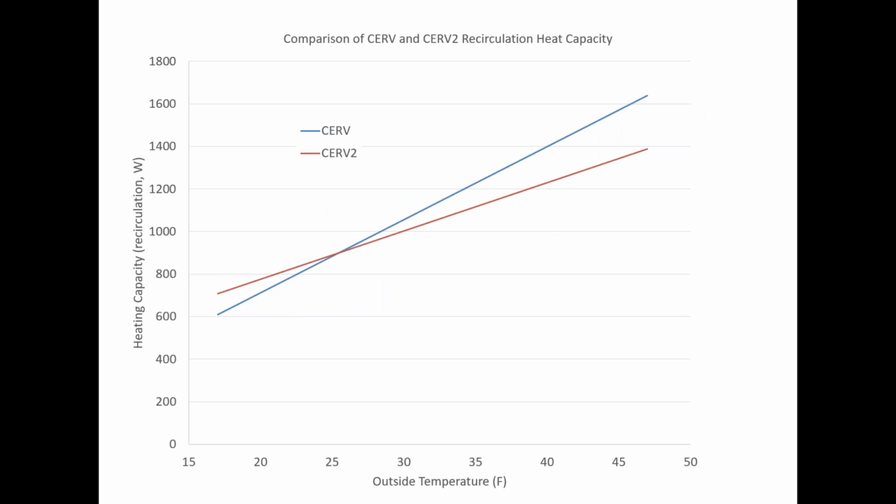And to do that, we optimized the system a little bit with the components as well as the algorithms within it. We sacrificed a little bit of higher temperature heating capacity to gain some at lower temperatures, and that also increased our COP levels. But this shows the typical heating capacity in recirculation across different outdoor temperatures.